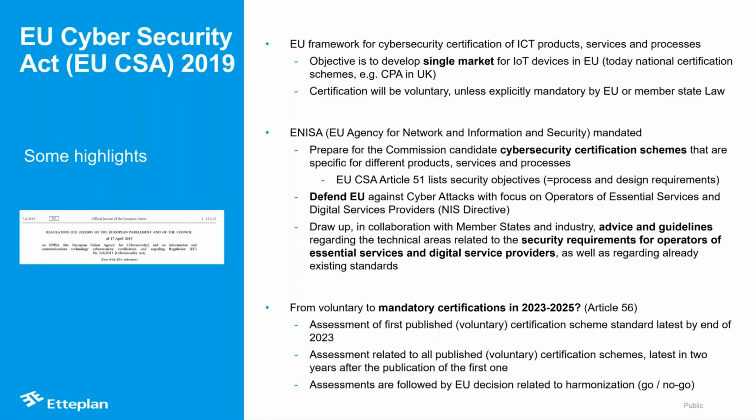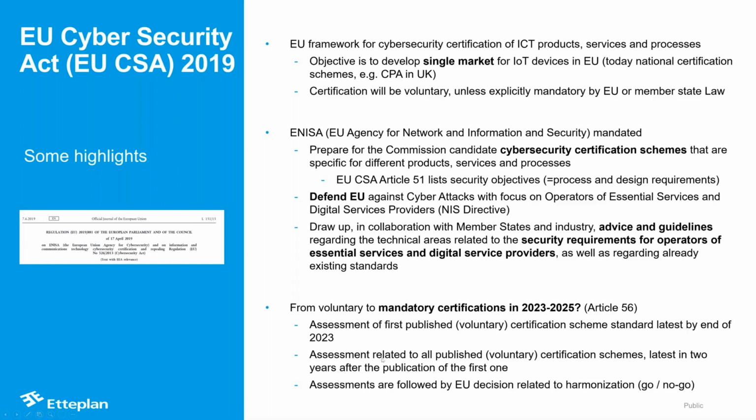Well, the recommendations have been published already this and last year. We will look at which those certification schemes are. And then assessment of all the remaining certification schemes that have been published should be done at the latest 2 years after the publication of the first one. So none have been published officially. The recommendations are public.